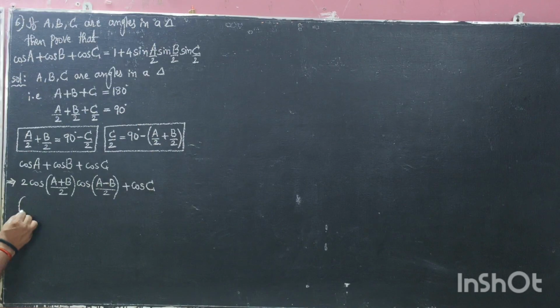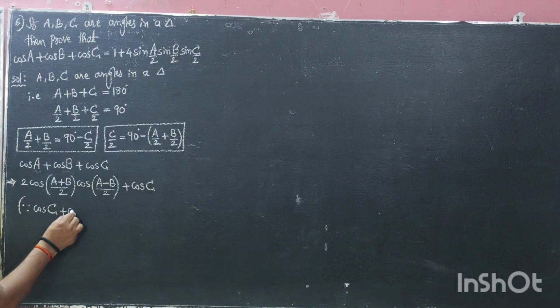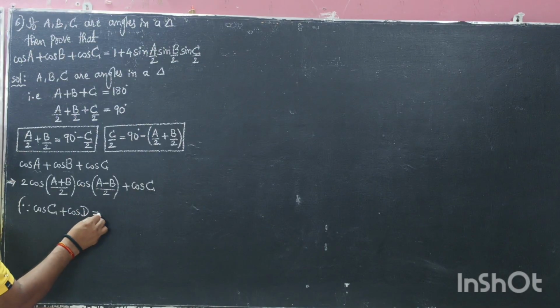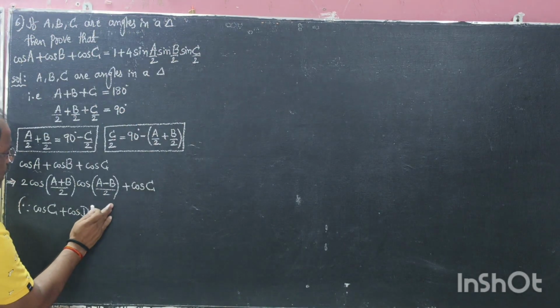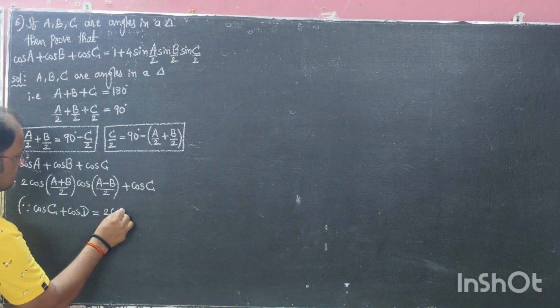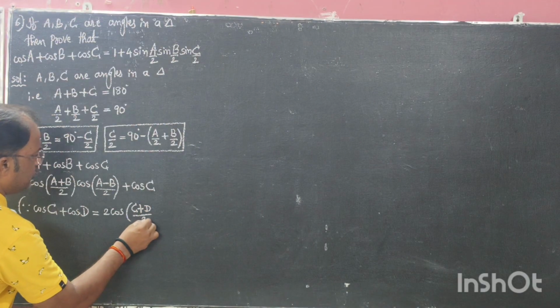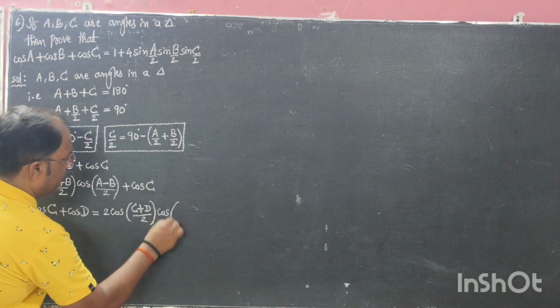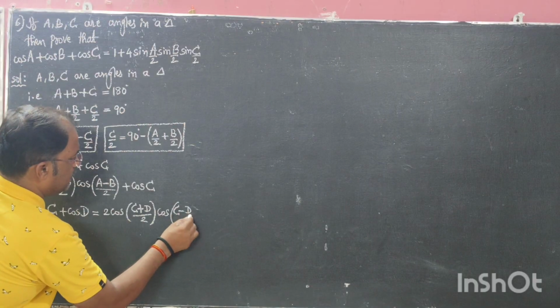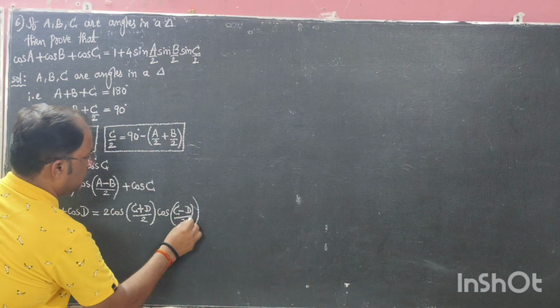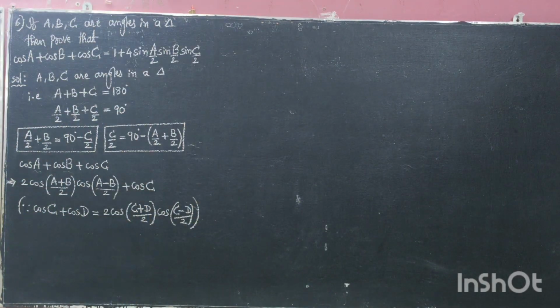Okay, right. Here the formula is cos C plus cos D. What is the cos C plus cos D formula? 2 cos of C plus D by 2 into cos of C minus D by 2. Okay, this is the formula, right?